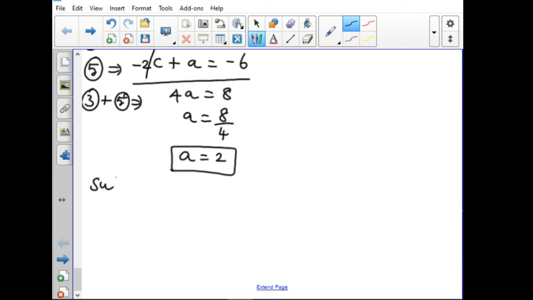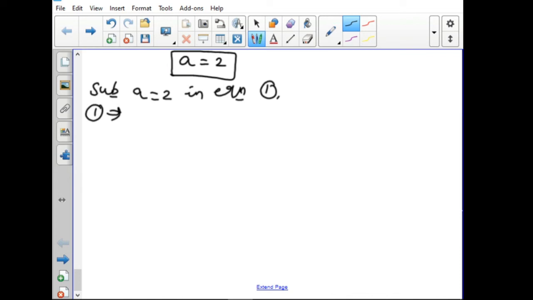Substitute a equal to 2 in equation 1. Equation 1 is what? Equation 1 is a minus 2b equal to minus 4. Here you have to substitute: 2 minus 2b equal to minus 4.